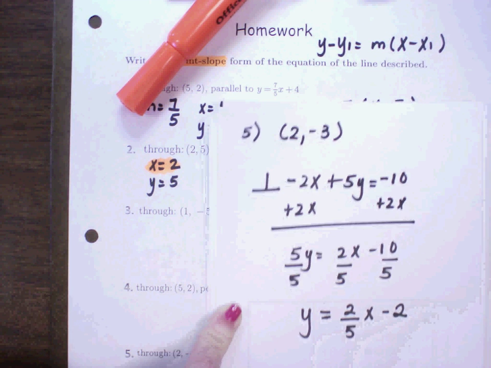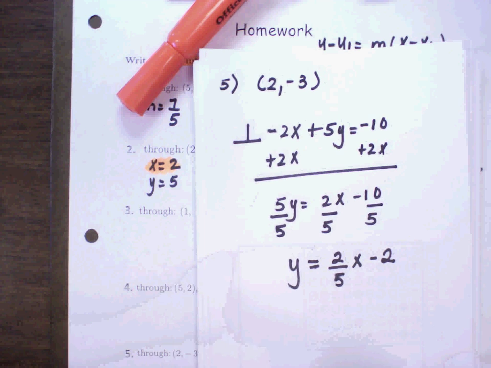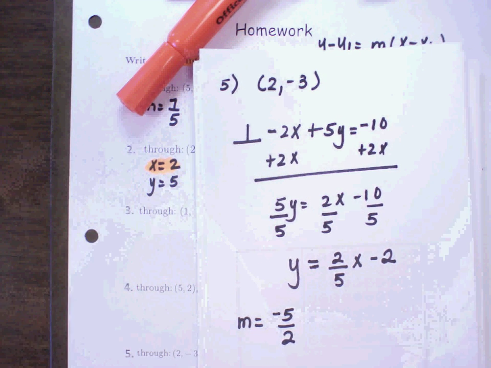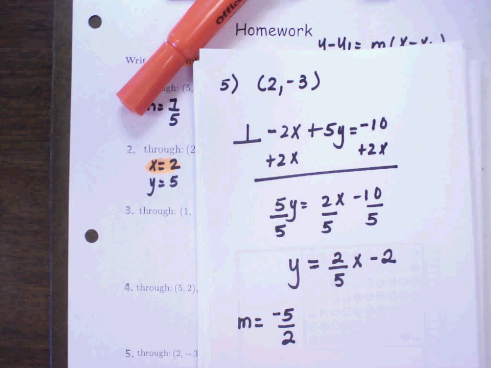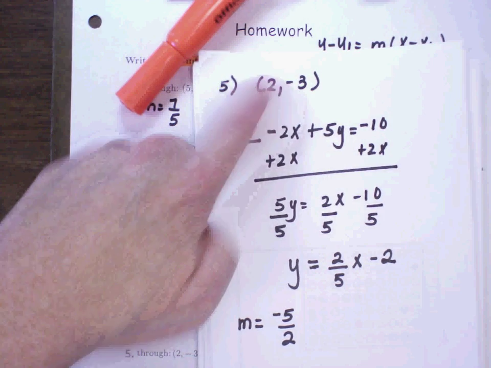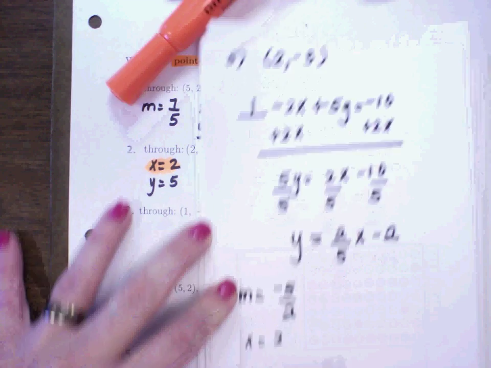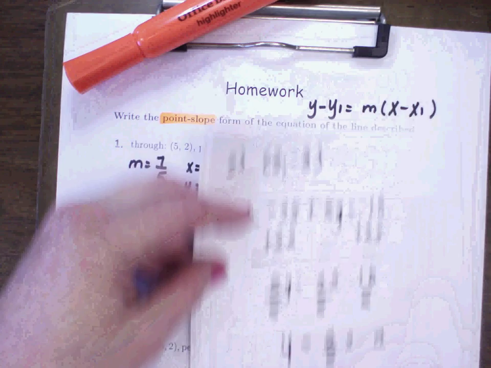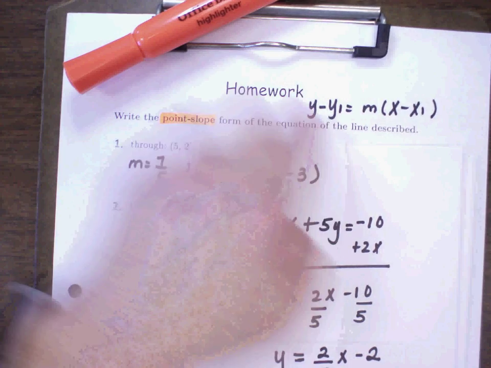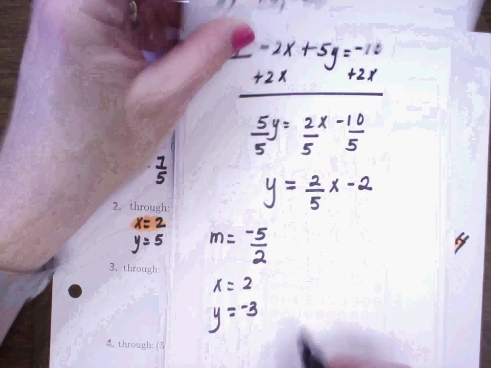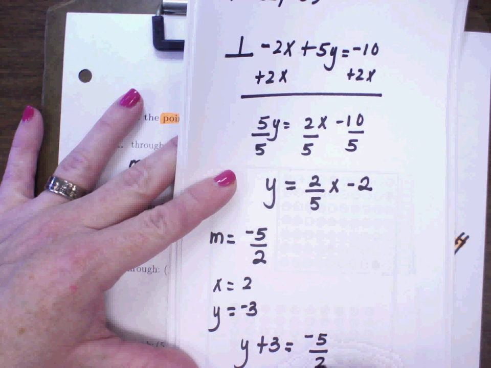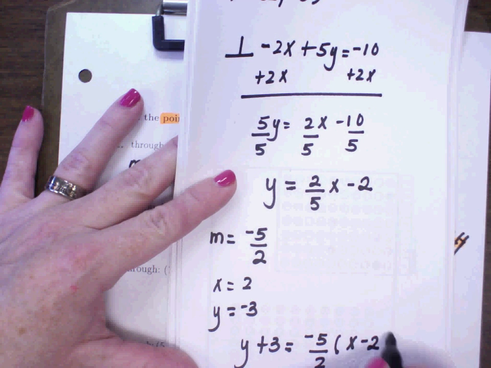Now I got my slope, right? Negative 5 over 2, because it's perpendicular, so it's opposite and reciprocal. And now I got my x and I got my y. My x is 2. My y is negative 3. So now you have to come over here, right? So it would be y plus 3 equals negative 5/2 x minus 2. And there's your answer.